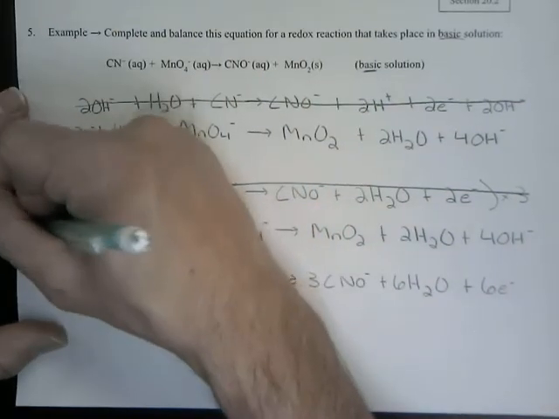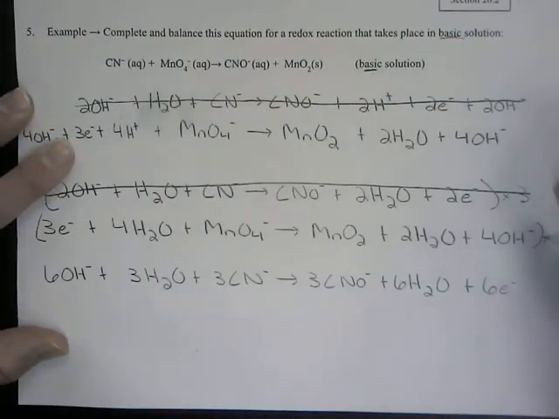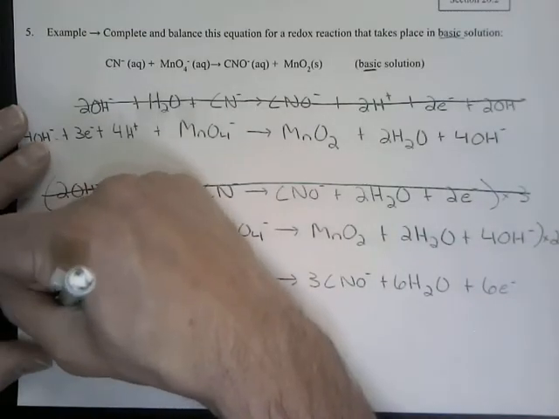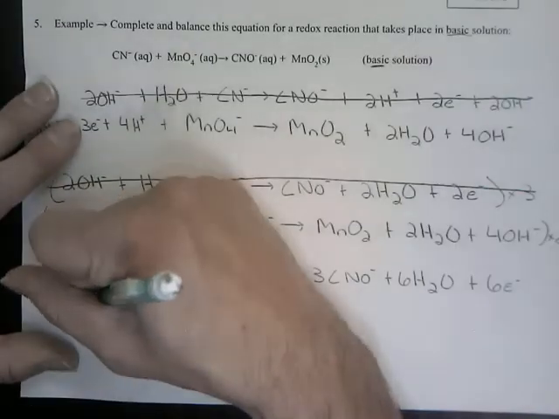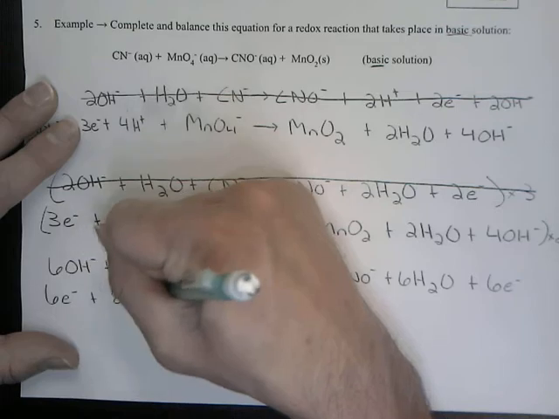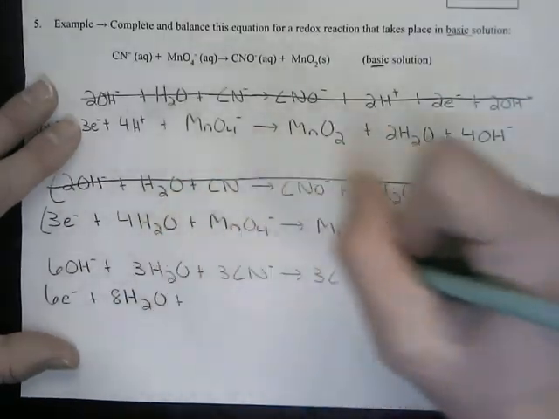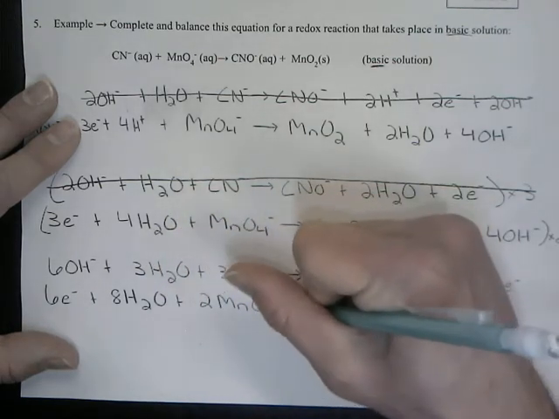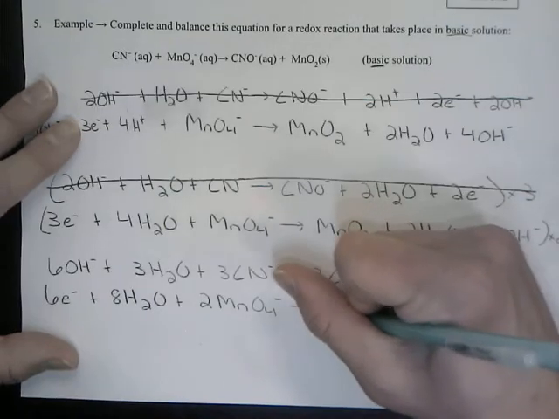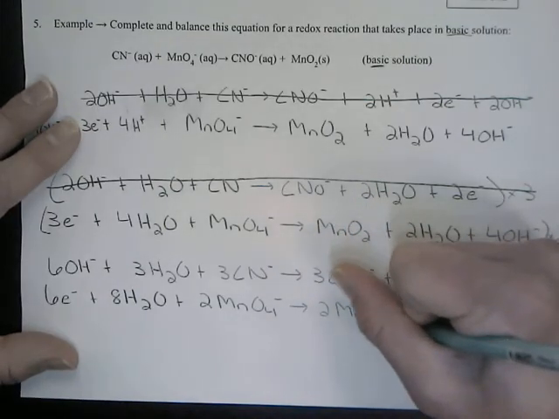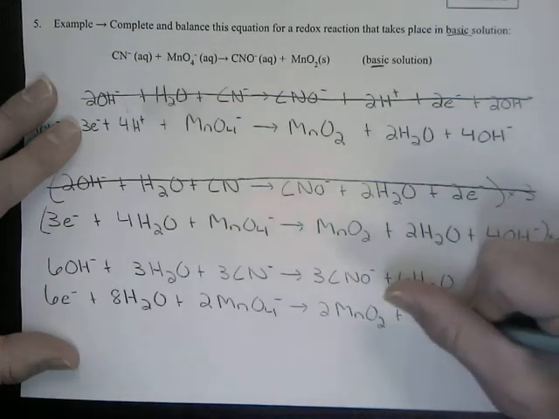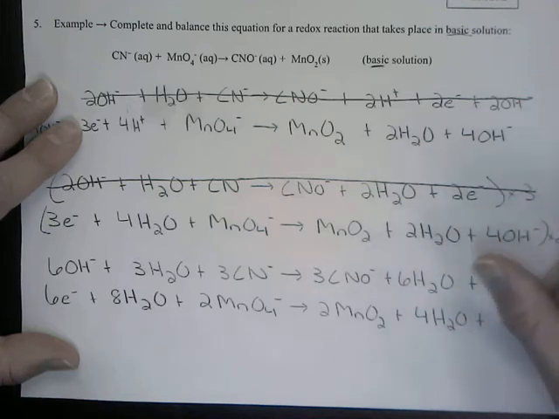Now, to get to 6 down below here, this equation needs to be multiplied by 2. So I have 2 times 3, that is 6 electrons. 2 times 4, that is 8 H2Os, plus 2 times MnO4, which is 2 MnO4 minus, yields 2 MnO2 plus 4 H2O plus 8 OH minus.